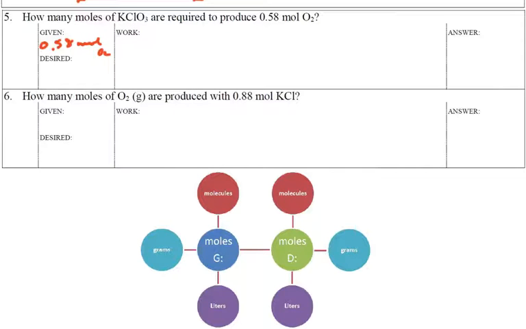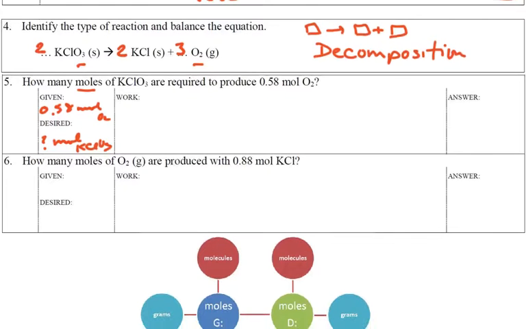And desired, what am I looking for? I'm looking for moles, moles of KClO3. That's important, because it means I'm going to be using the number for the O2, the 3, and the 2 as conversion factors.